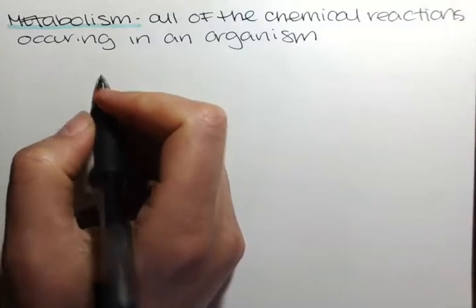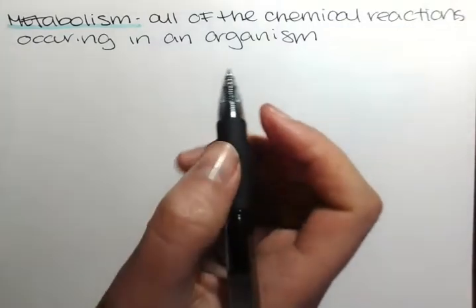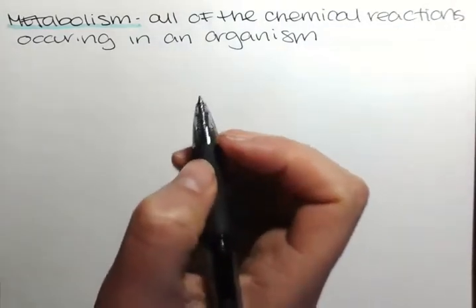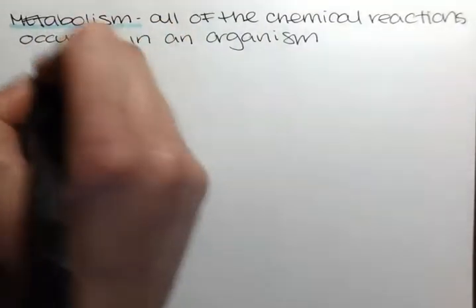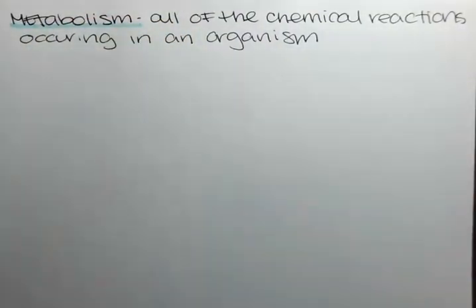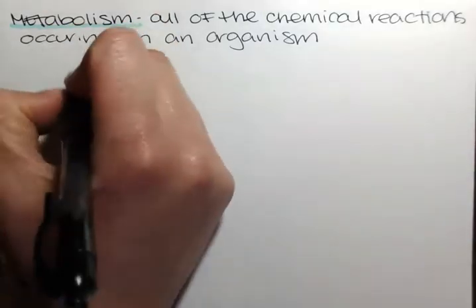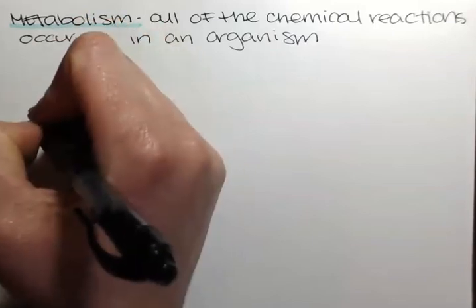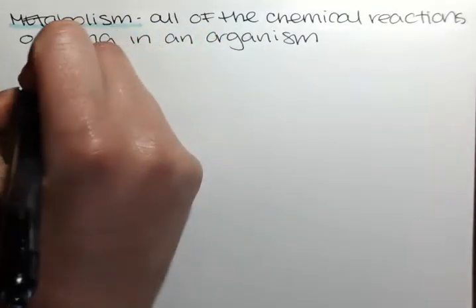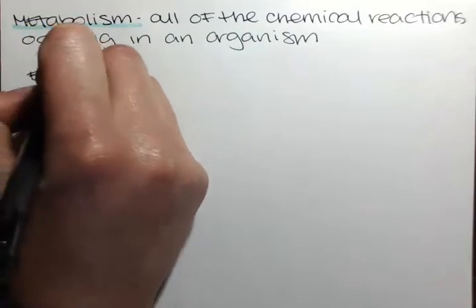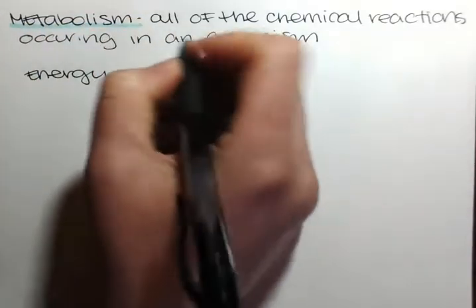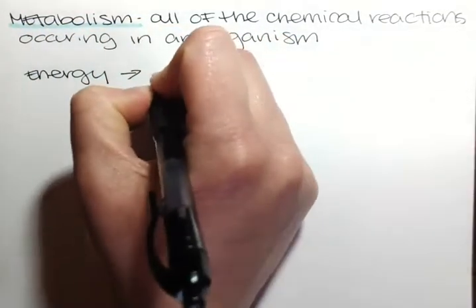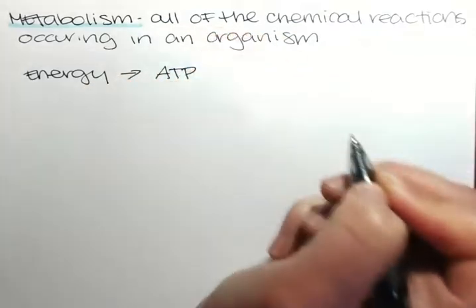And so if you're alive, you need to have some form of metabolism. Metabolism is a way of getting and using energy. And one of the things that we talk about in relationship to energy in biology is going to be this molecule called ATP.